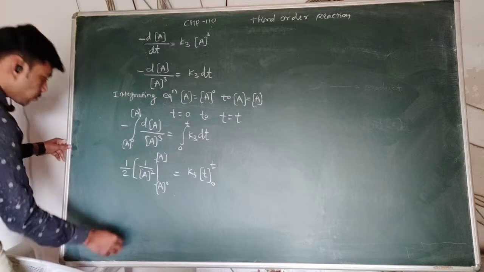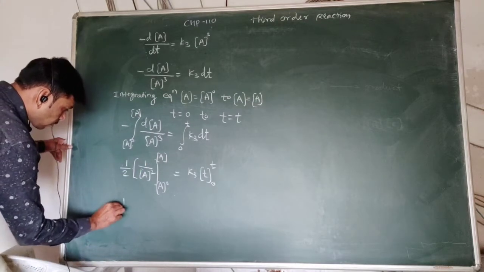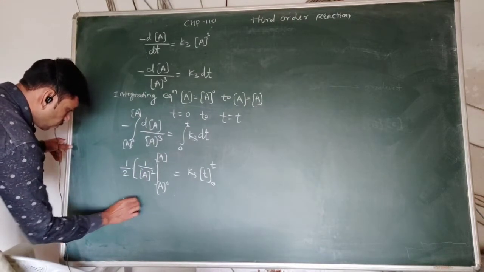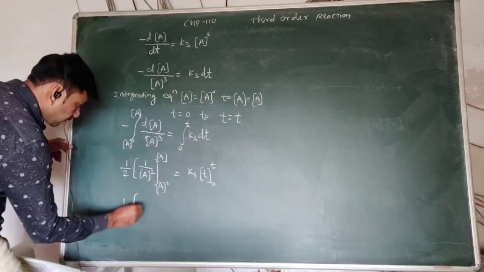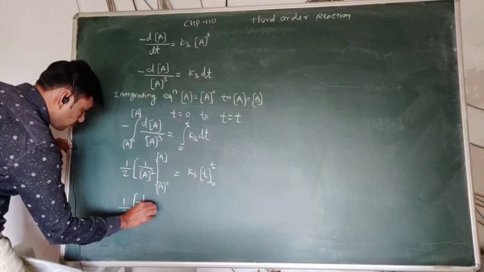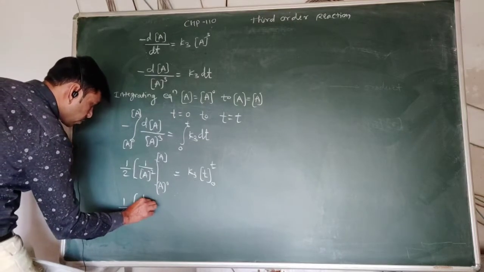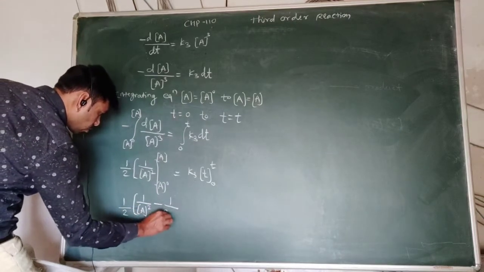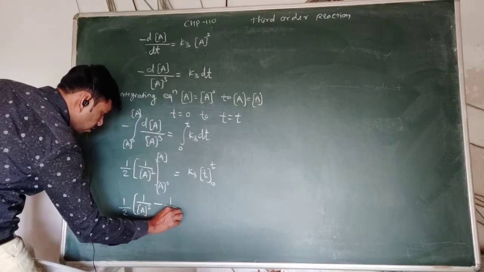By substituting the limits, 1 upon 2 into bracket 1 upon concentration of A square minus 1 upon concentration of A0 square.